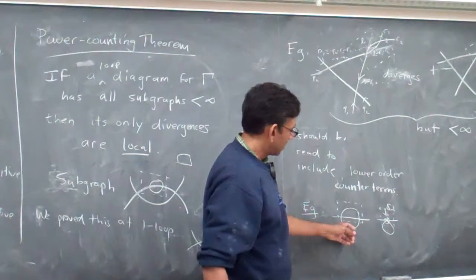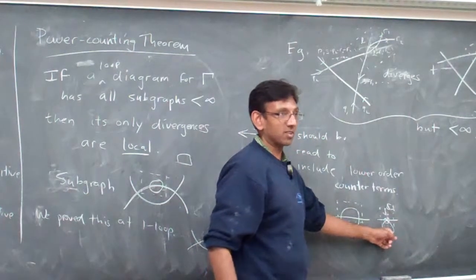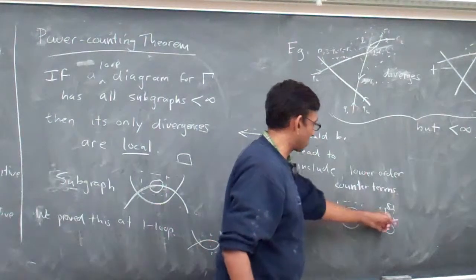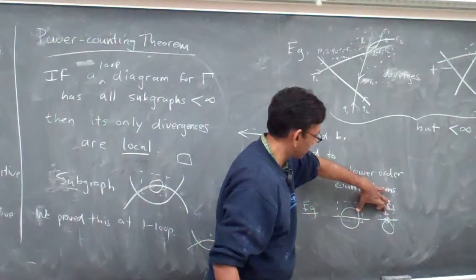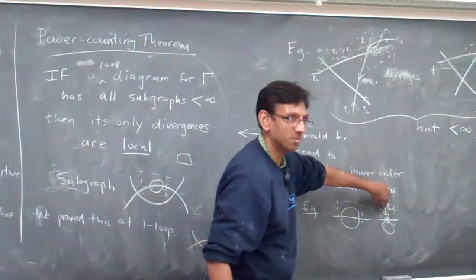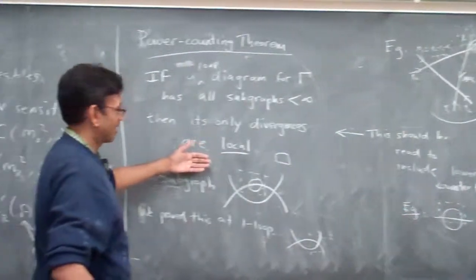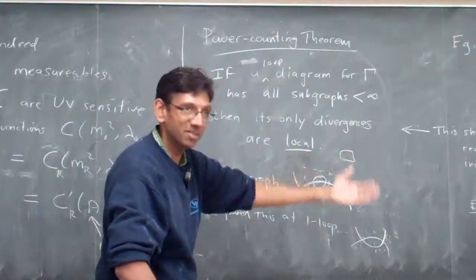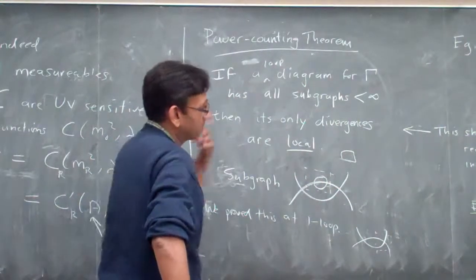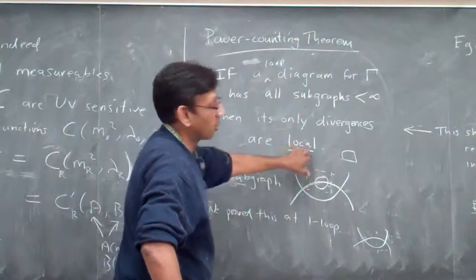And now there remains an ultraviolet divergence, even after you take the subgraph into account, and the subgraph is now finite because of this one loop counterterm. At two loop order, you will in fact incur a new divergence. It is possible, and it will be there, but it will be local.